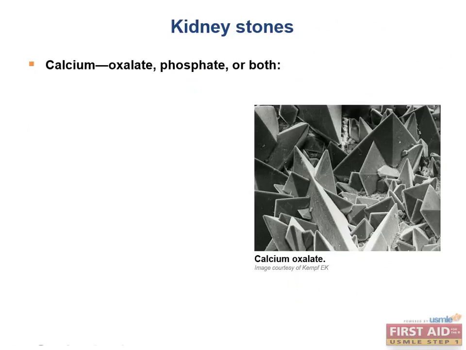So there's 4 kinds of kidney stones, each with its own special characteristics. By far, the most common are calcium-containing stones, either calcium oxalate or calcium phosphate, or both. And they occur in conditions associated with hypercalciuria.